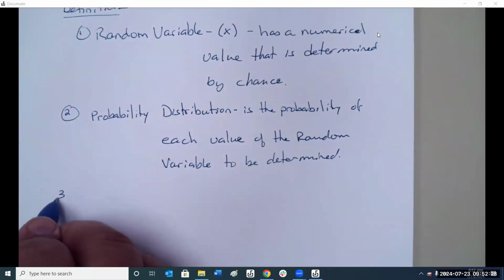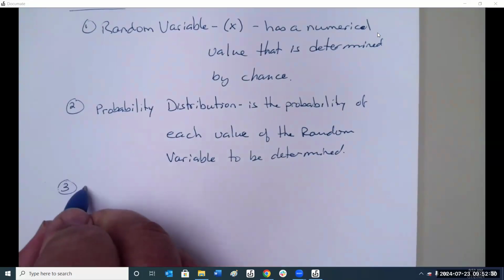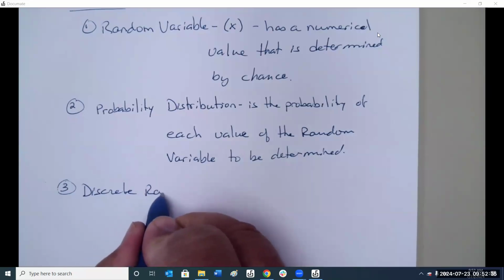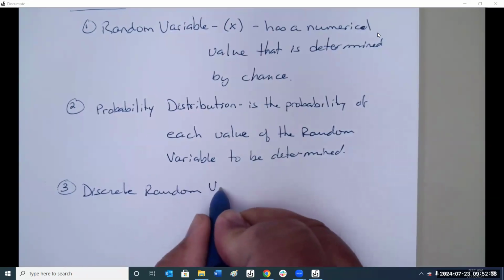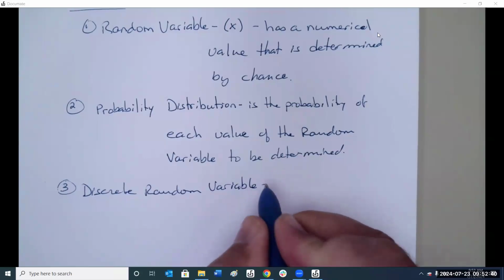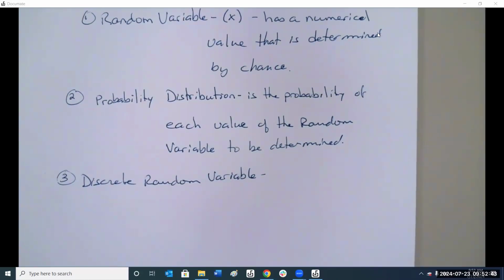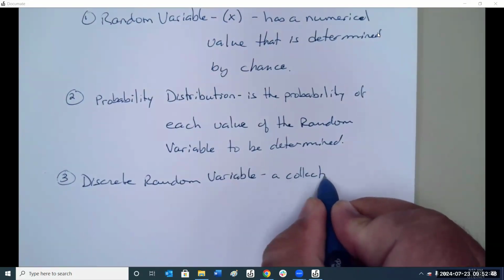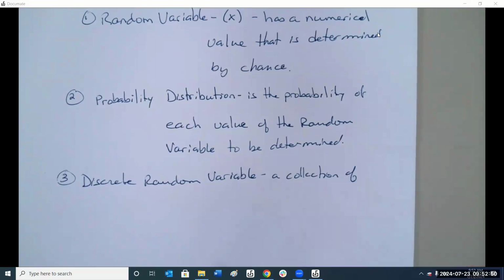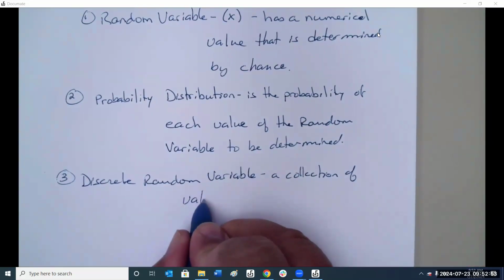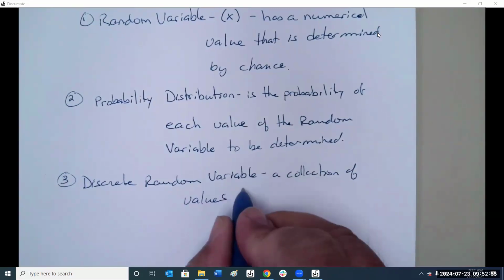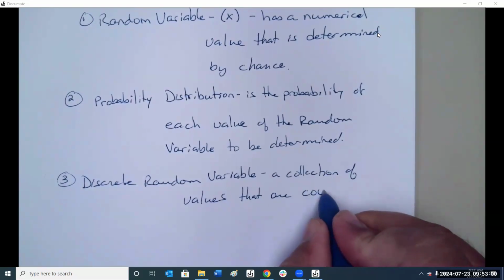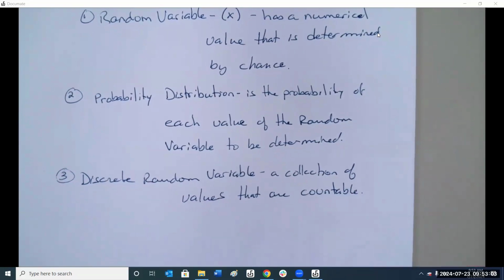We have two more definitions. A discrete random variable is a collection of values, I should say, not variables, that are countable.